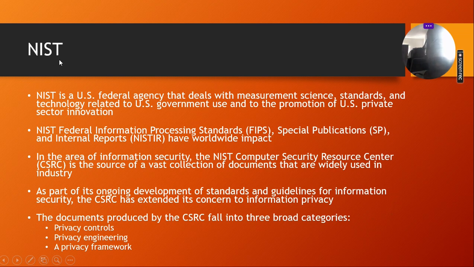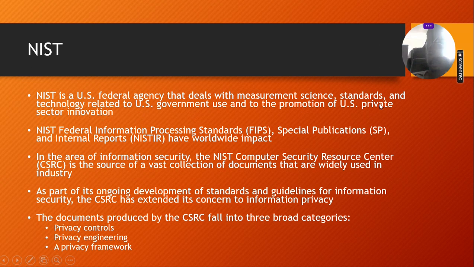Then NIST is a U.S. federal agency. It's an agency in the United States that deals with the measurement of science, measurement of standards, and the technology related to the U.S. government, that the U.S. government uses, and to the promotion of U.S. private sector innovation. So this is an agency helping the government with everything, science, standards, technology, relating it to how this relates to private innovation.